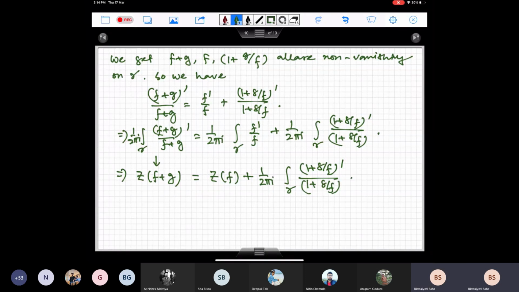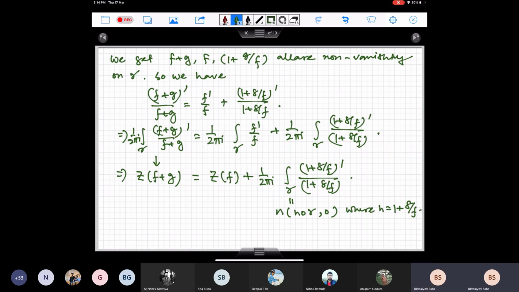Now to understand what this integral is, I can write that this is nothing but the winding number of h composed gamma around 0, where h is 1 plus g by f. All of you agree to that?